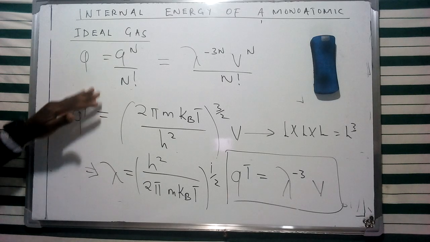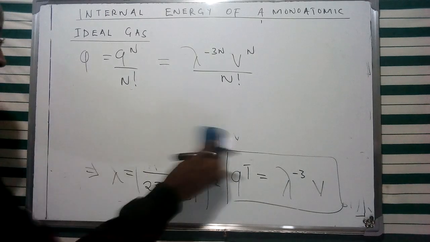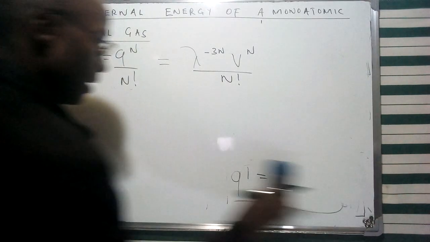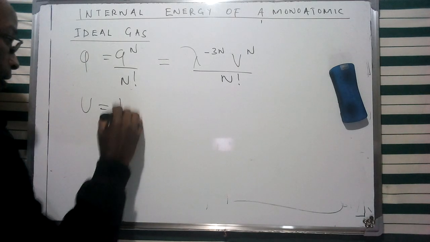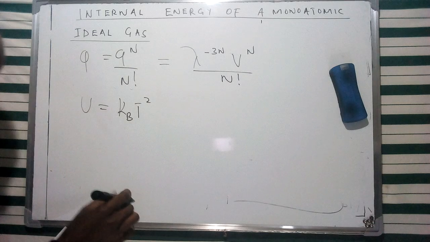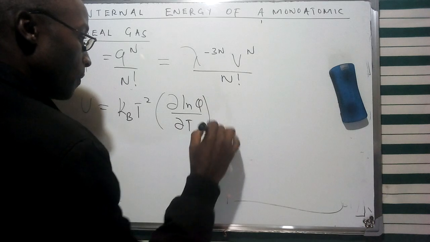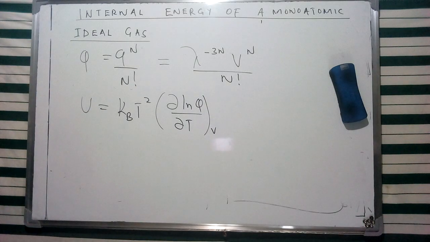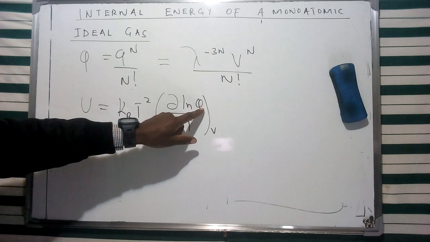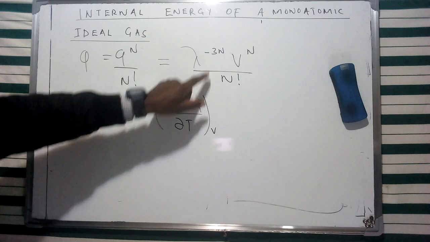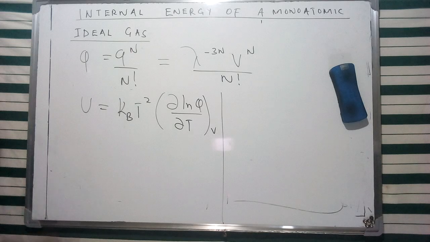And we can, of course, write this in terms of internal energy, by considering the definition of internal energy from the partition function, which we have done earlier. So I'm going to use this representation, whereby we had U represented as kB T squared, times the partial derivative of ln Q with respect to temperature at constant volume. And we said that from this one we can represent our partition function Q by doing a replacement with the equation that we have found for the partition function in the upper part.